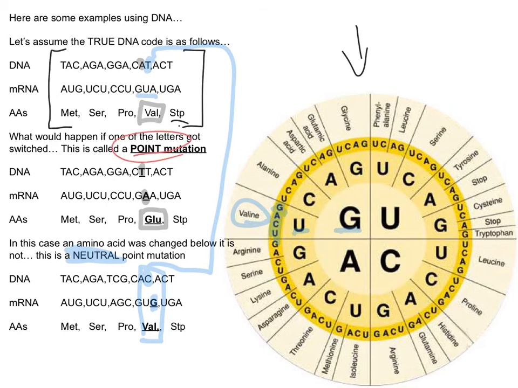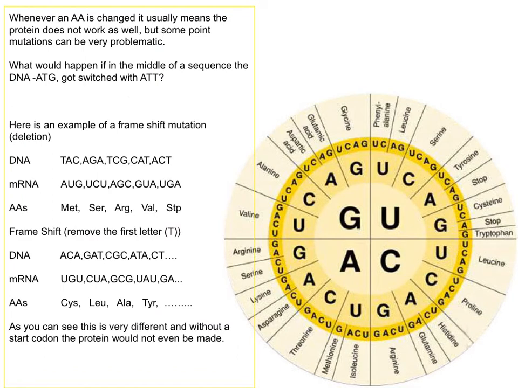You can also have a frameshift mutation. So in a frameshift mutation, what's going to happen is instead of the normal sequence, so again, that's our normal sequence, what would happen if we lost that T? So if we lost that T, what I hope you see is we'd end up with that for the DNA.